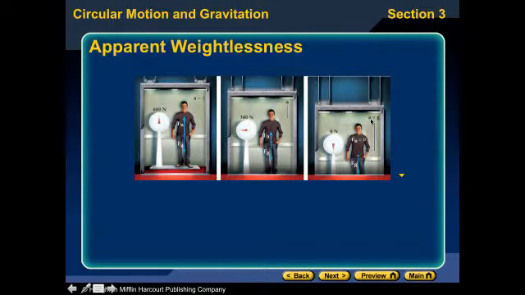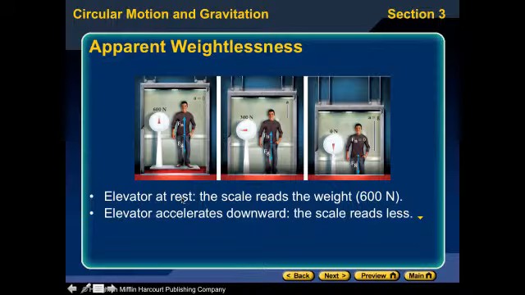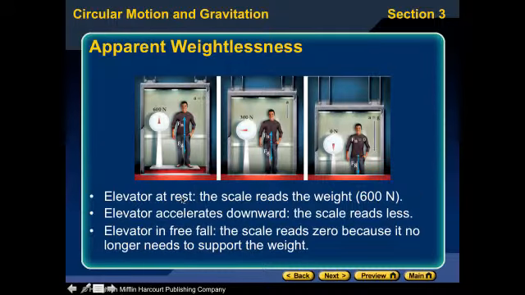If the acceleration downward was equal to g, so you're in free fall, you now have a normal force of 0. Because the floor no longer is supporting your weight, you no longer have any of your weight pushing down on it. So that's really what weightlessness is.